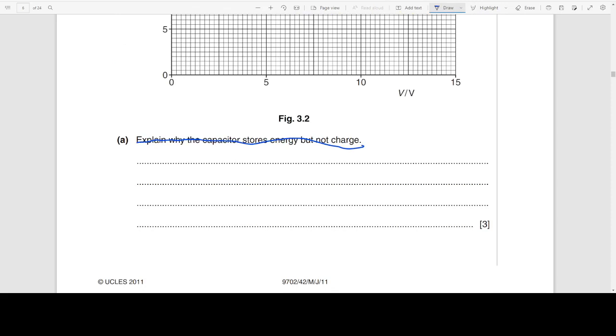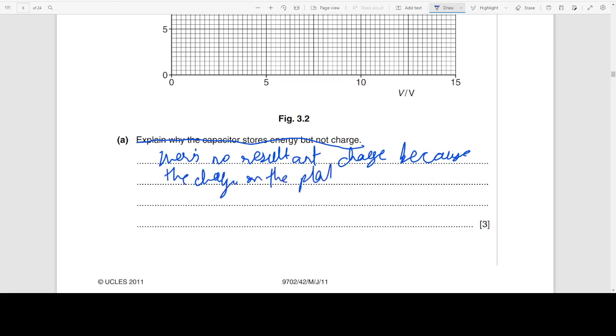Alright, guys, I'll tell you the answer from the MS. The MS states that there's no resultant charge because the charges on the plates are equal and opposite, so the charges effectively cancel out.